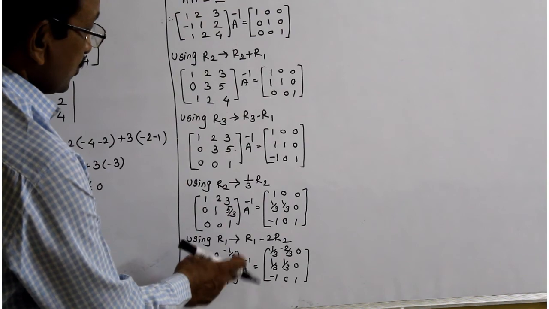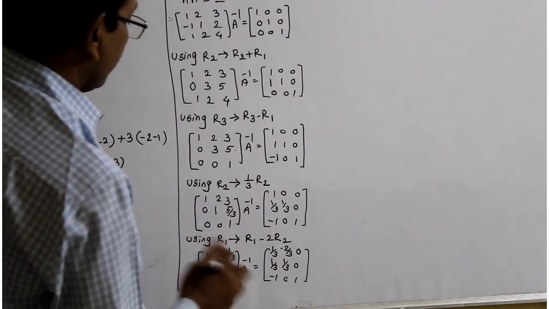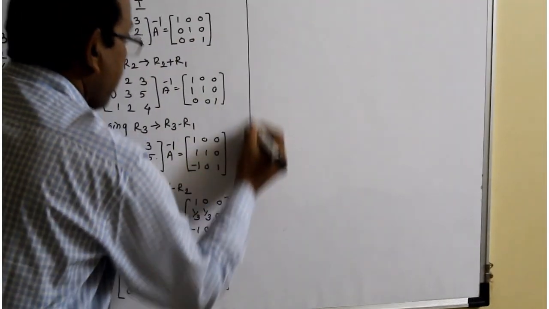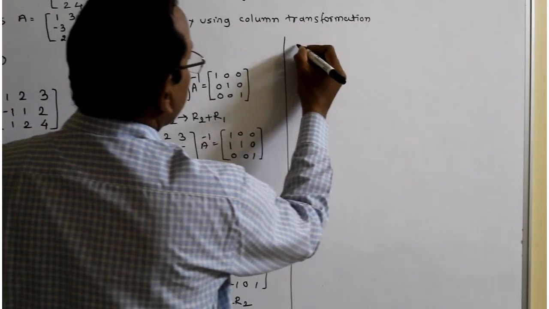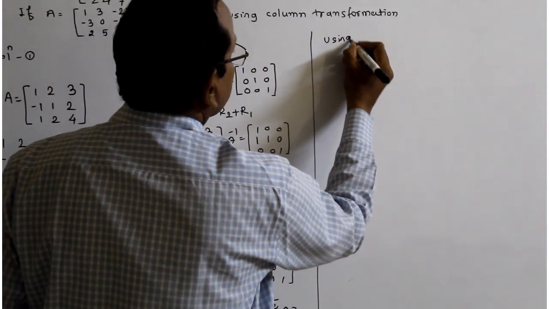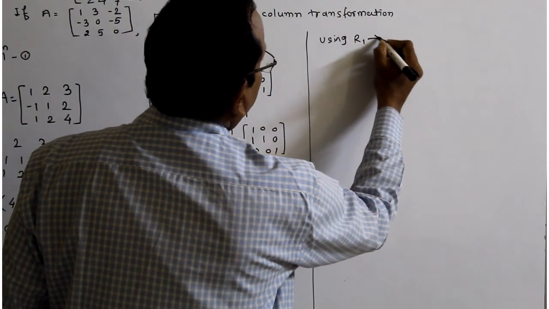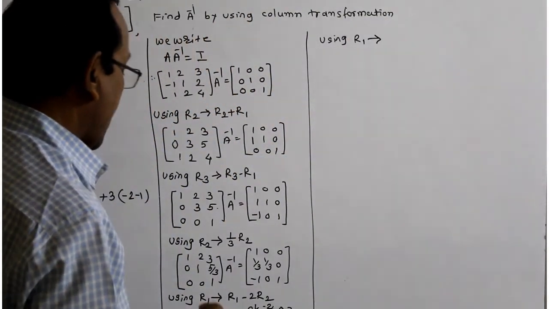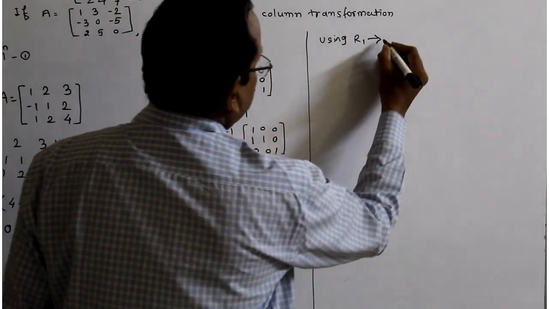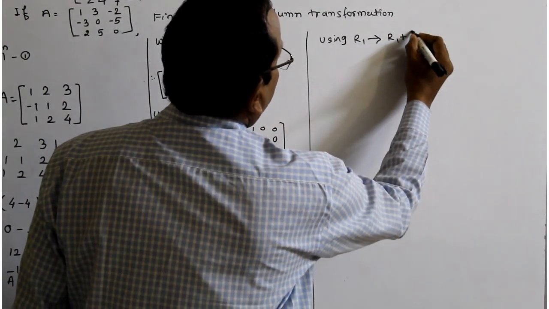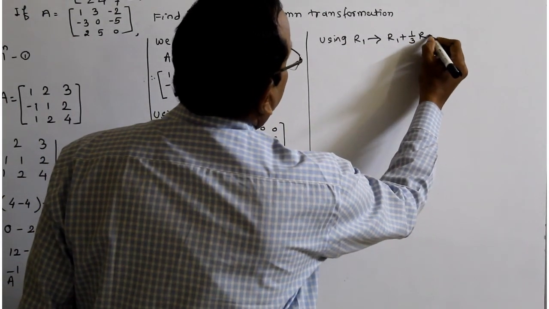1, these two zeros, 1. Now obtain these two zeros here. So to obtain, by using R1 implies R1 plus 1 by 3 times R3.